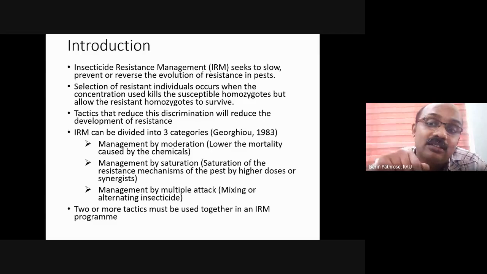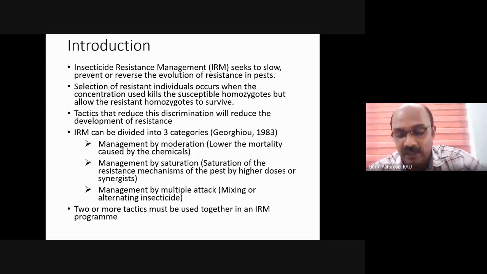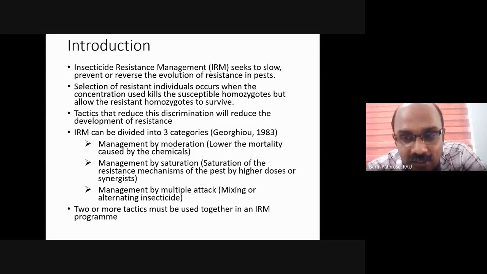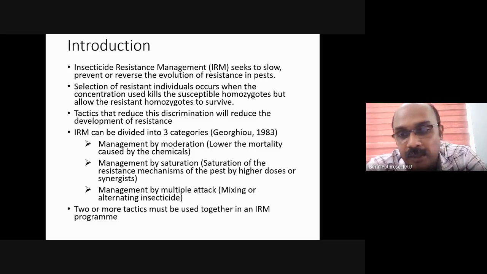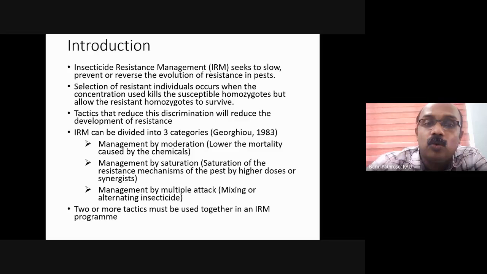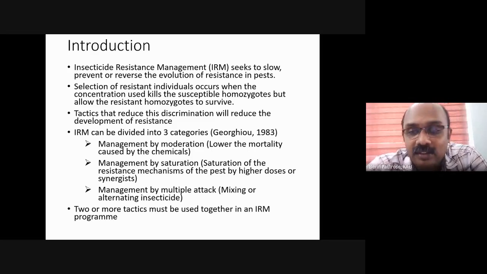And we can reverse it. How can we reverse it? Can anyone explain? Any strategy to reverse? Say an insect, say Helicoverpa, evolved resistance in cotton to a particular pyrethroid. How can we reverse it? Any idea?